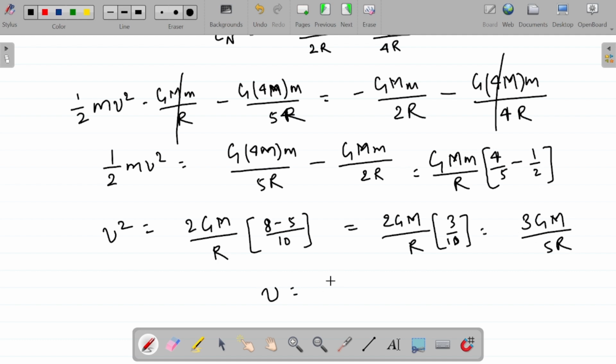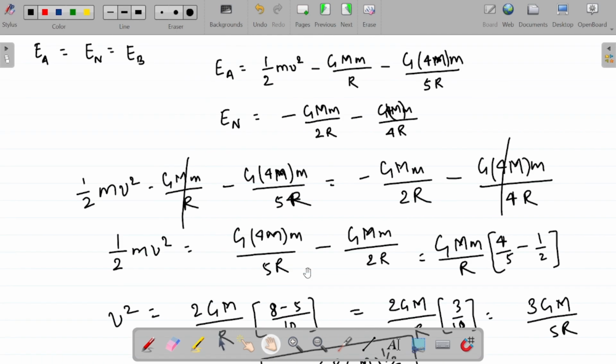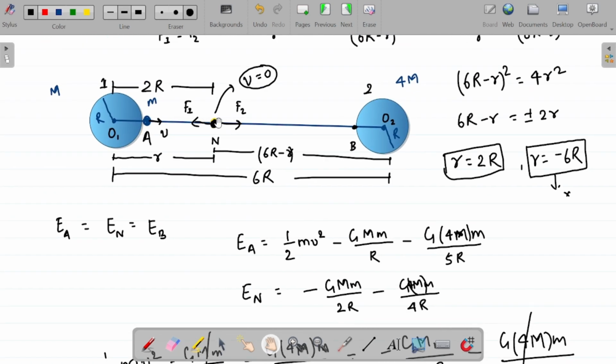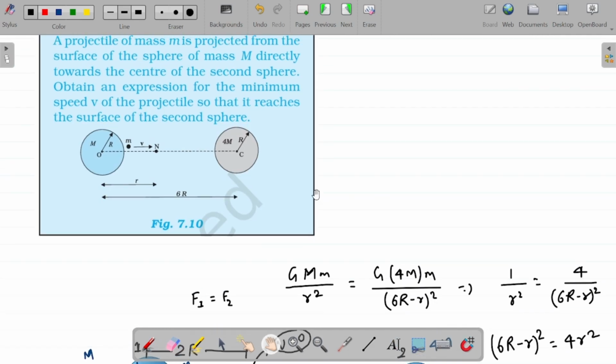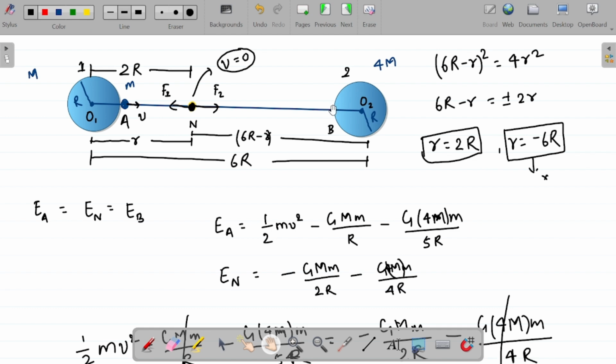So v will be the square root of 3GM by 5r. This is the minimum speed required to project this projectile from here so that it can reach up to the second sphere surface. Or you can find out what is the speed at point B, when it reaches the second sphere.